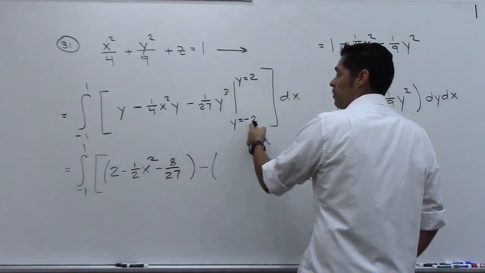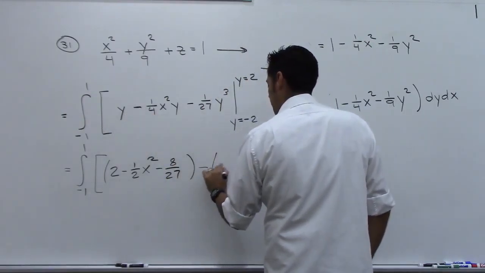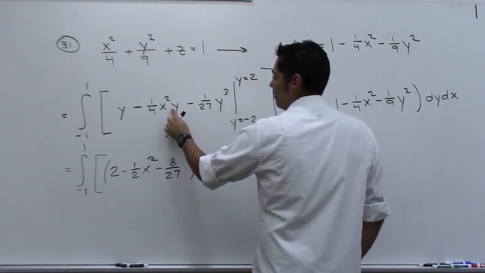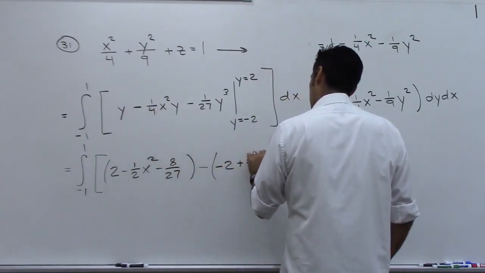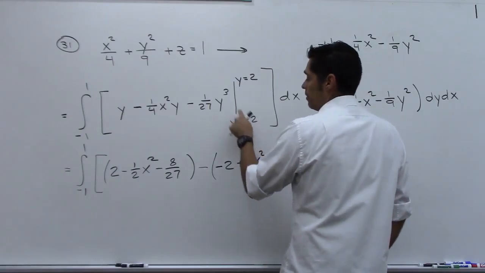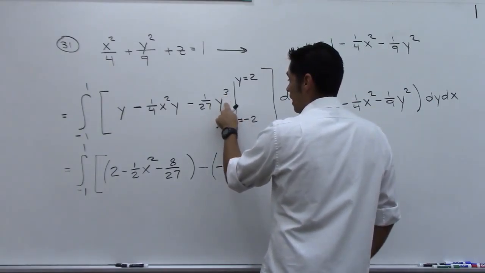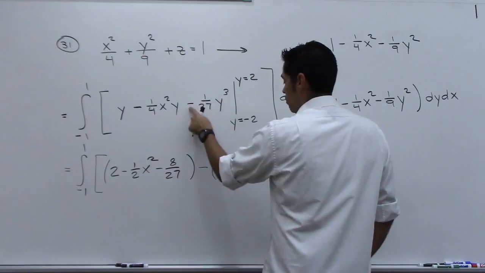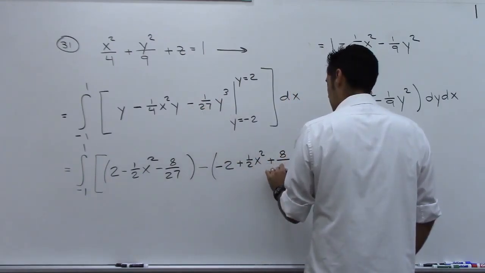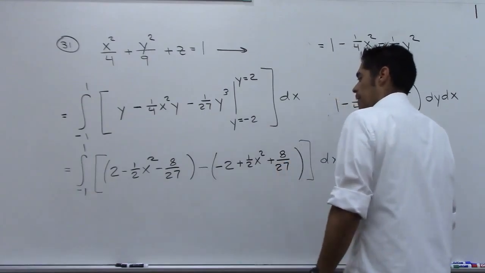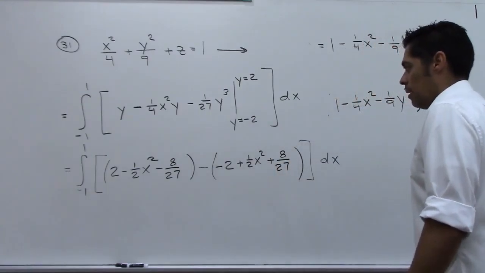Plug in -2 for y, we get -2 there. Here, -2, that's going to become plus 1/2 x squared. And then plug -2 in here. -2 cubed is -8. But then we are going to subtract, so it's going to be add 8 27ths.